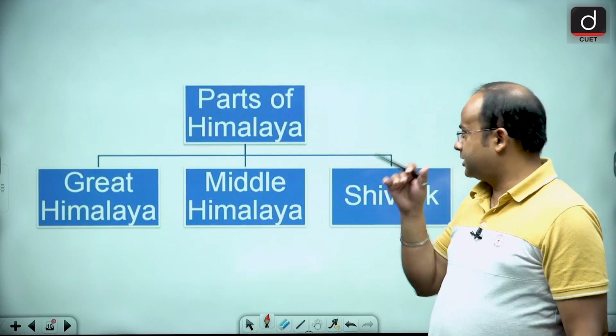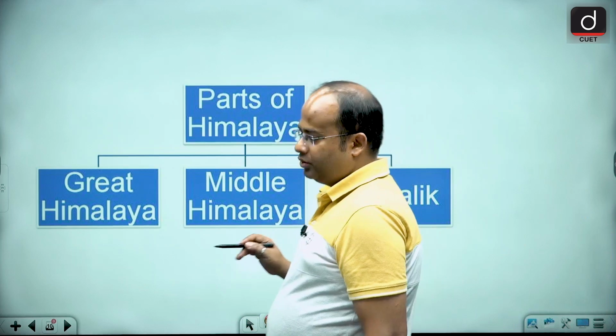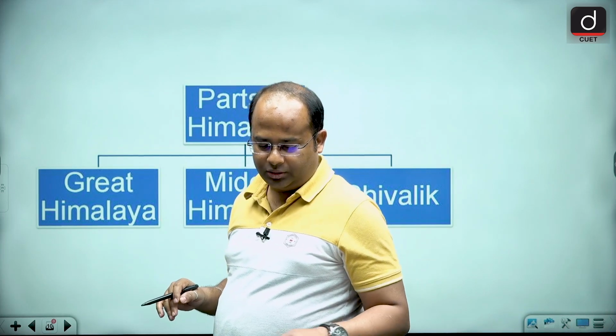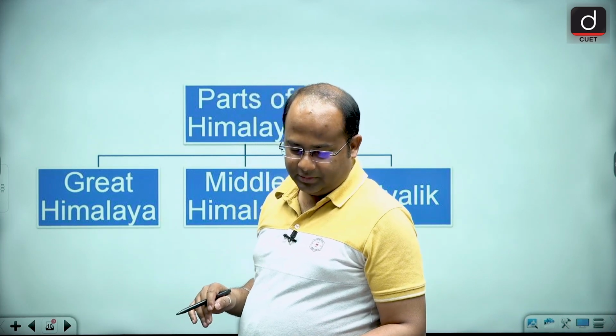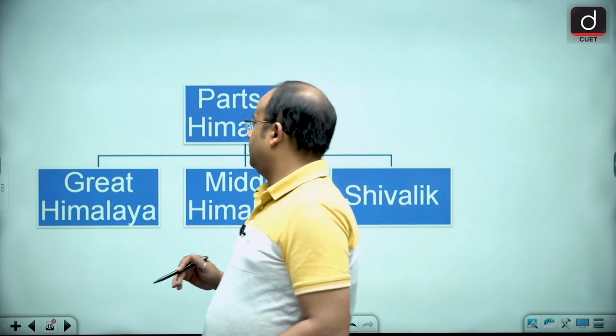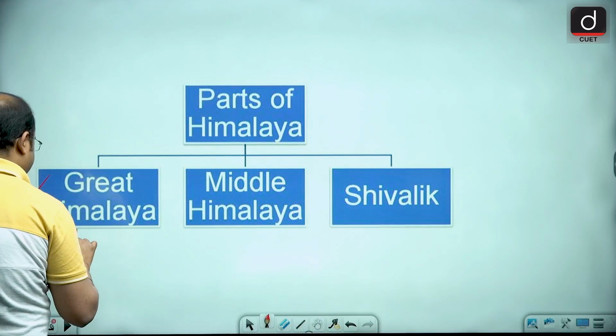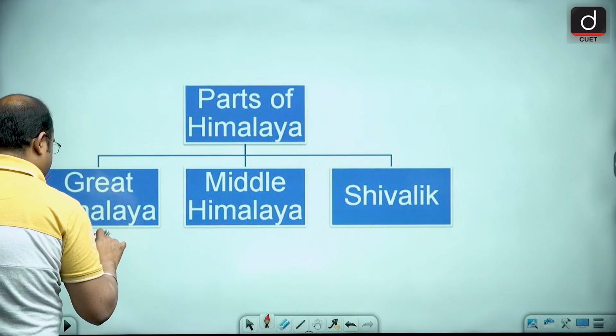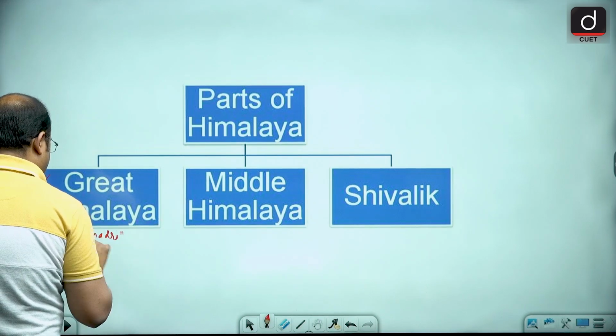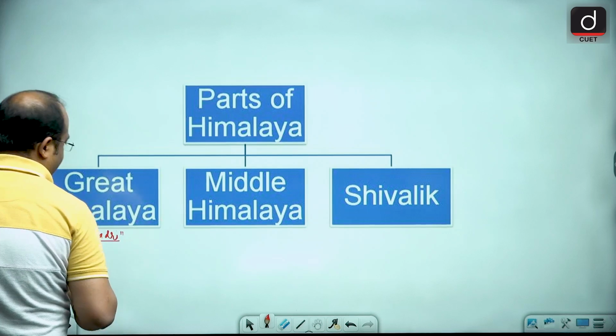Now, guys, let's discuss the parts of the Himalaya. It is divided into three major parts. First is Great Himalaya, called Himadri.